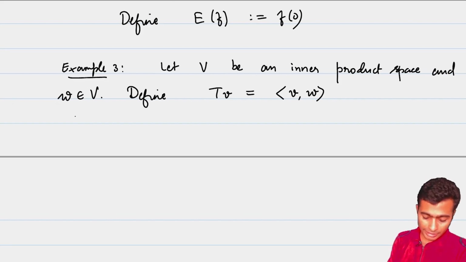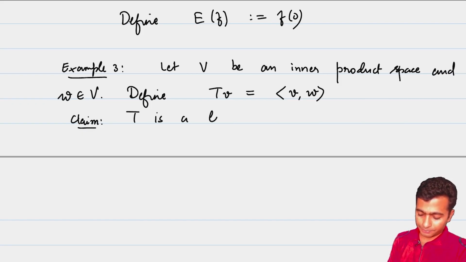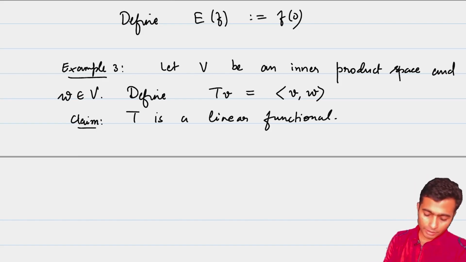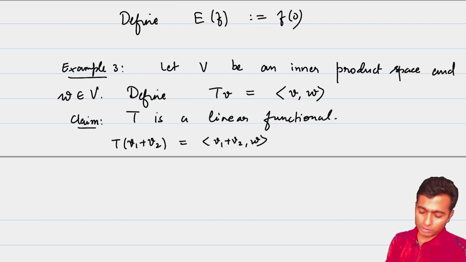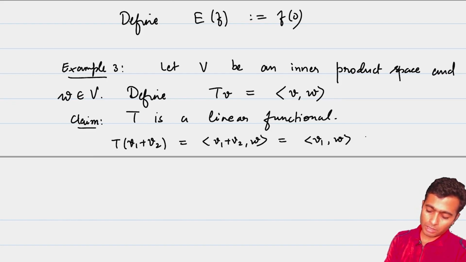So my first claim is that T is a linear functional. So let's see, T of v1 plus v2 is just the inner product of v1 plus v2 comma W. But by linearity of the inner product, this is the inner product of v1 with W plus the inner product of v2 with W. But that is precisely T(v1) plus T(v2).